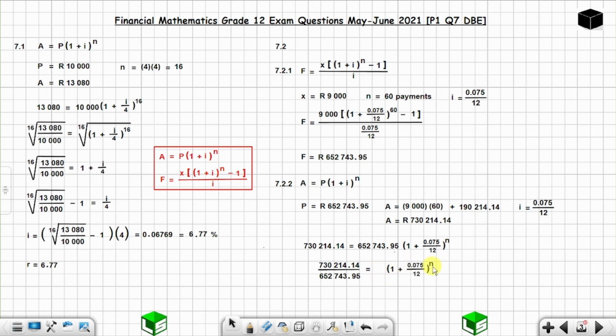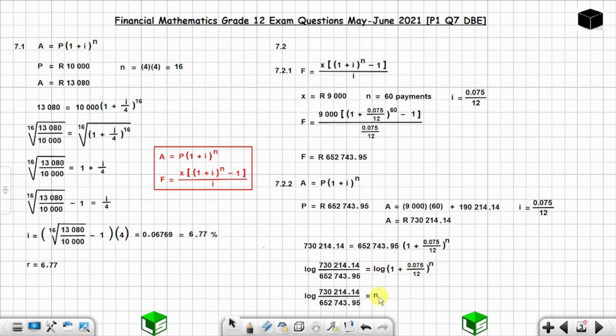Since N is the exponent, for me to solve for N, I need to bring the N down. I'm going to introduce log on both sides. Now I can bring N down because I'm trying to solve for N. So I'm going to have this on the left, equal to N times this.